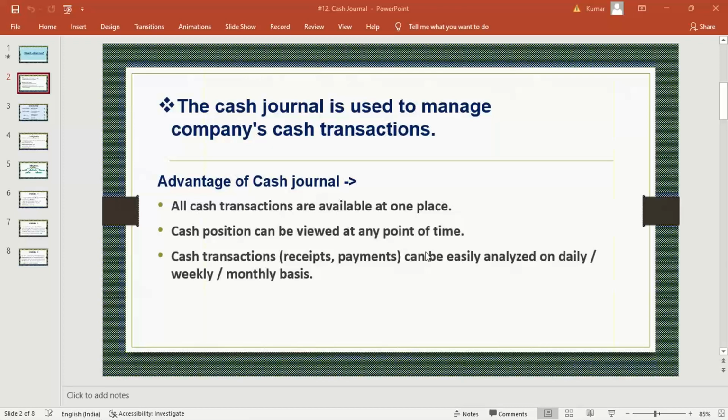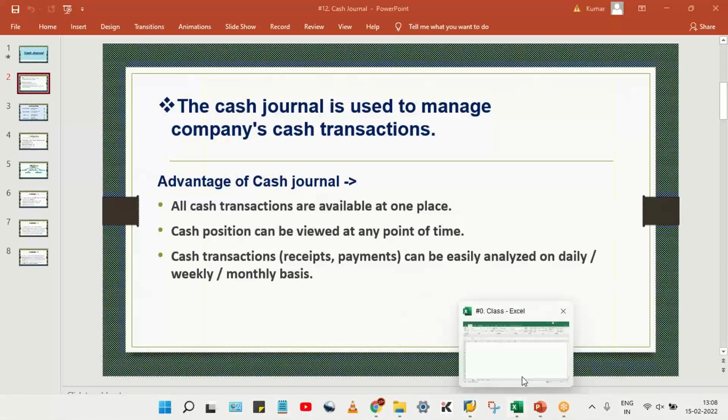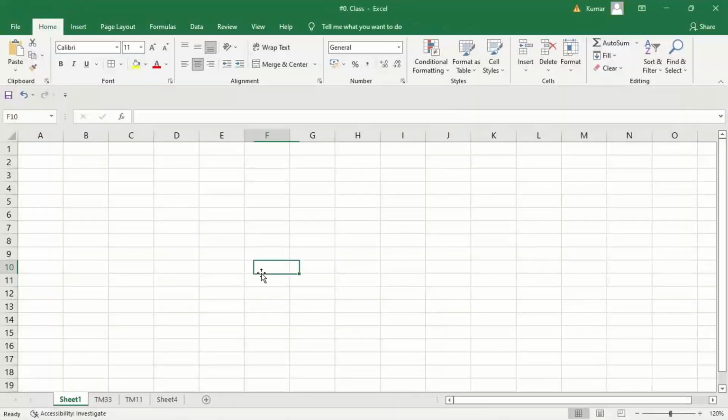But here SAP has given a separate configuration for this, because if you talk about cash related transactions, then a different kind of reports are required. Different kind of reports are required. So separate configuration is given by SAP.